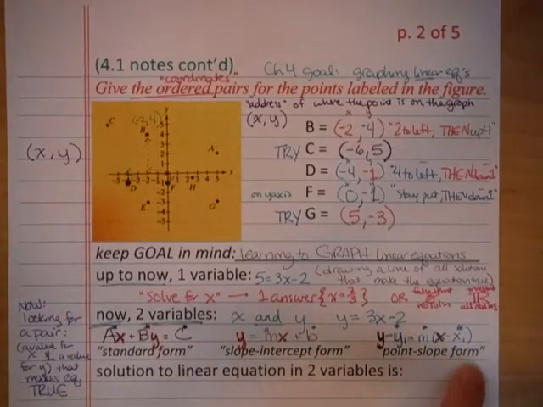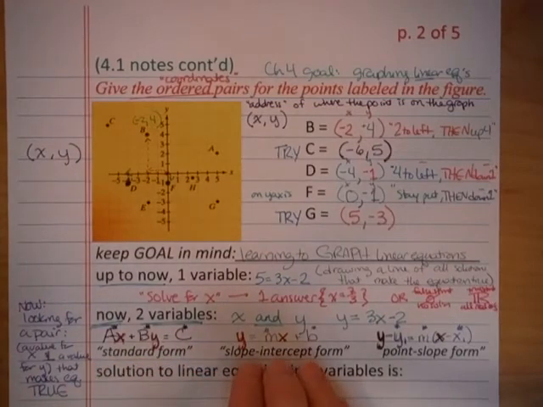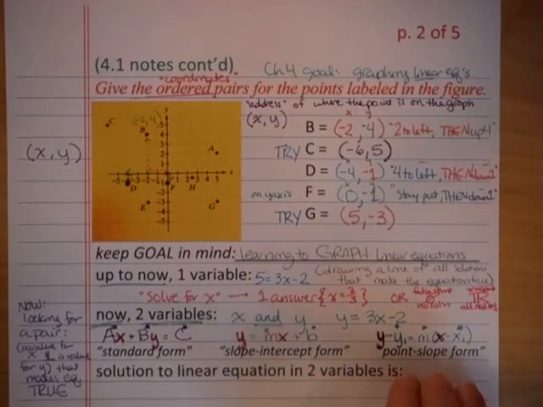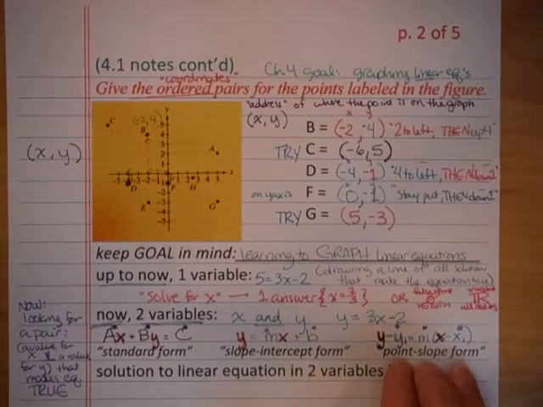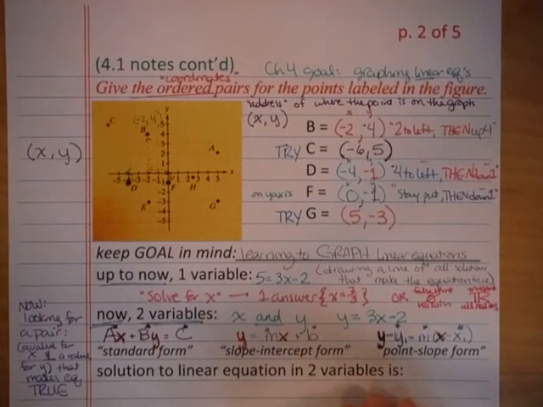In fact, as we go through the chapter, I'll start talking about these as your formal version. This one is your friend. It creates instant graphing possibilities. And then this is your fallback, your last resort. If you can't get anywhere with the information they've given you, you can use point-slope form to get to where you need to go, either with the graph or solving or whatever they're asking you to do.